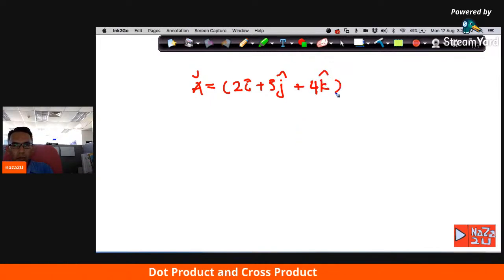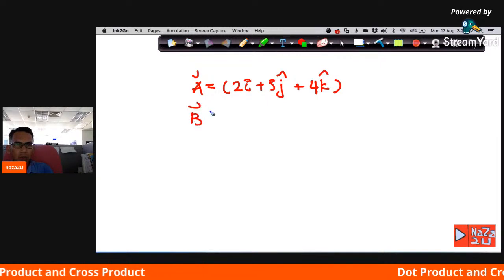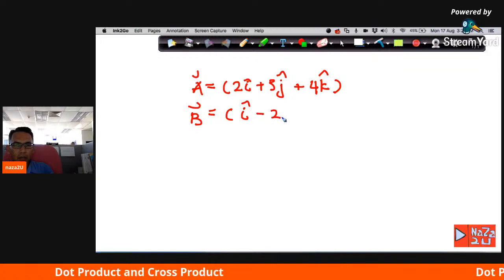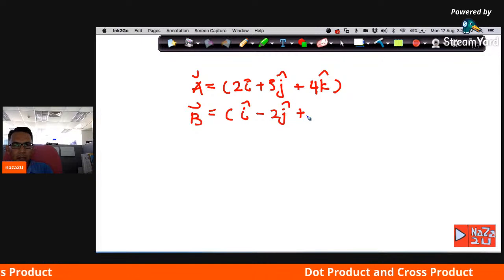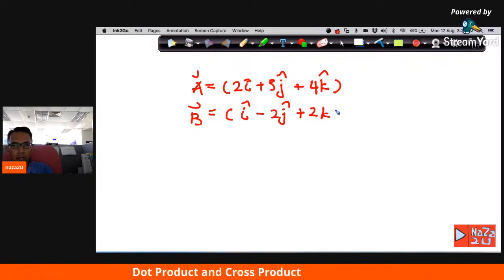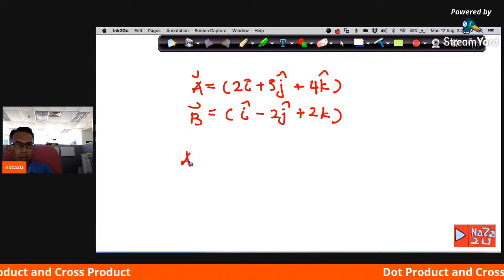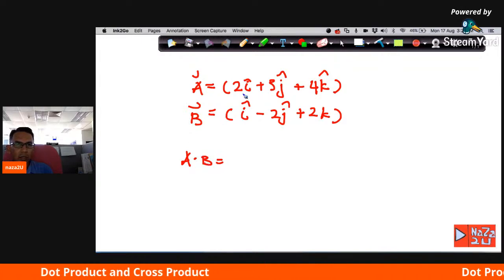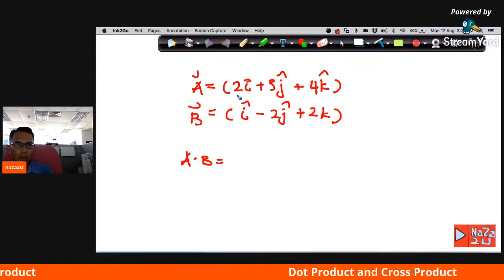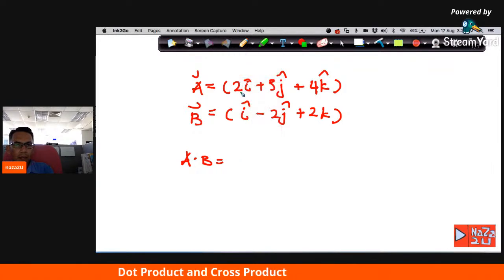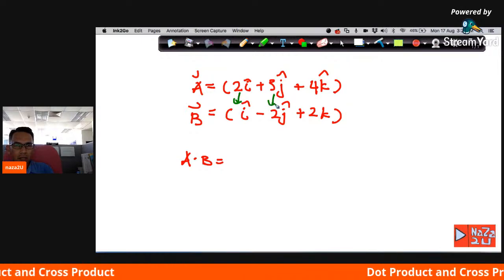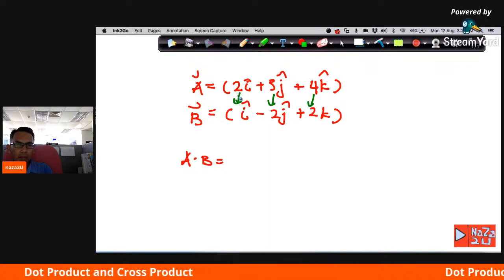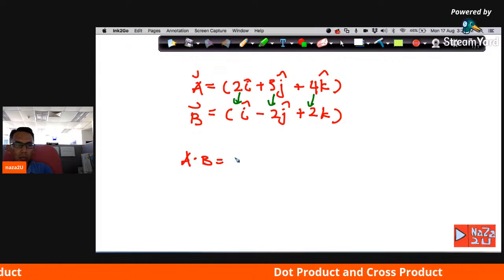Okay, this is in unit vector form, and you have a vector B. Vector B is, let's say, i minus 2j and plus 2k, right? Okay, so now calculate vector A dot vector B. So now you just focus on i dot i, j dot j, and k dot k. So this is 2 times 1, which is equal to 2.